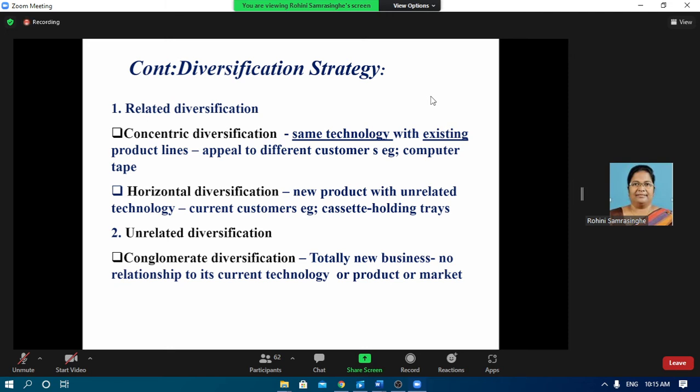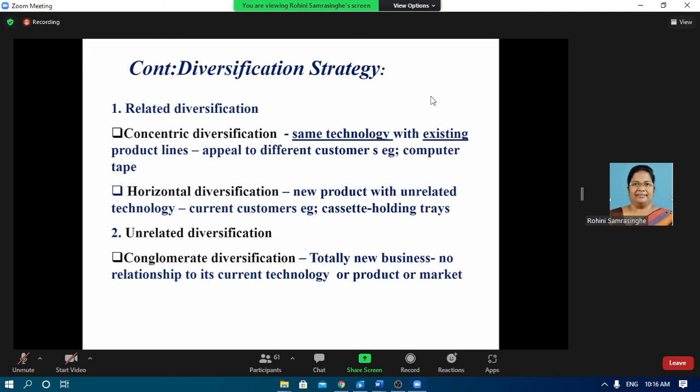So the objective is to increase market share. The concentric diversification objective is to use a push strategy to attract and acquire more customers, introducing different products within a similar product category, right? Maybe noodles is one thing you can take, then they can introduce soup, maybe sometimes macaroni. Likewise, different categories using similar technology. That is the key thing.